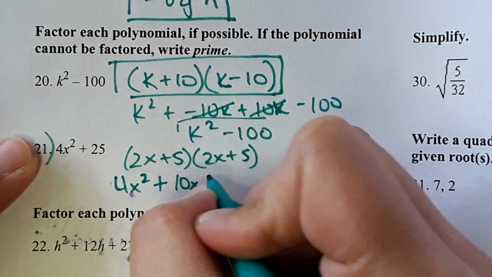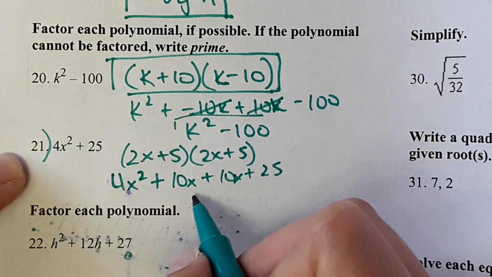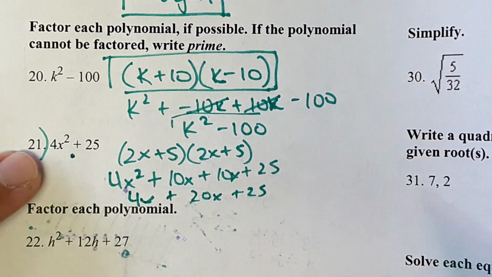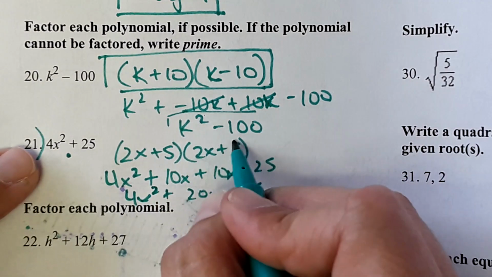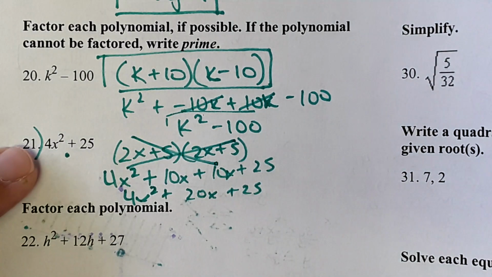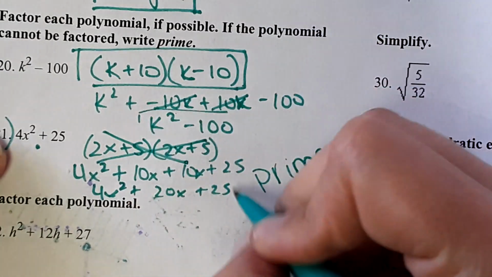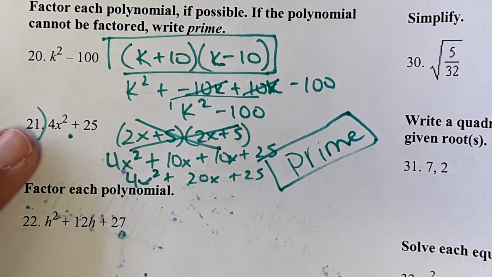Then you get 10x plus 10x plus 25. So that would be 20x in the middle. That is not part of this original. So what we did actually doesn't work. For this one, it's prime. Ooh, you remember that word? Nice. Good job. Yes, it's prime. You can't factor it.